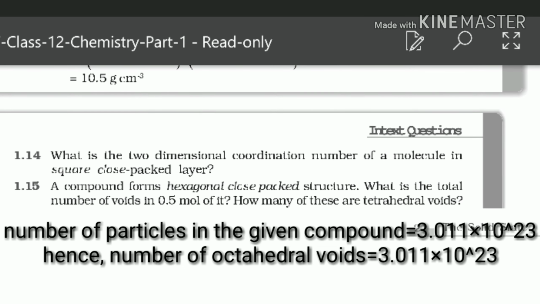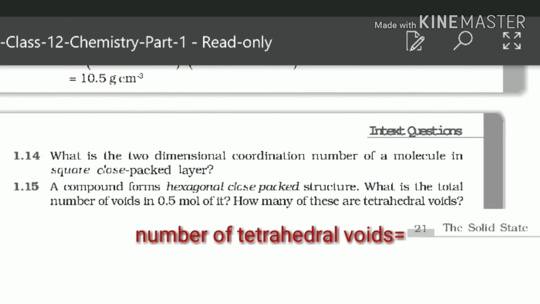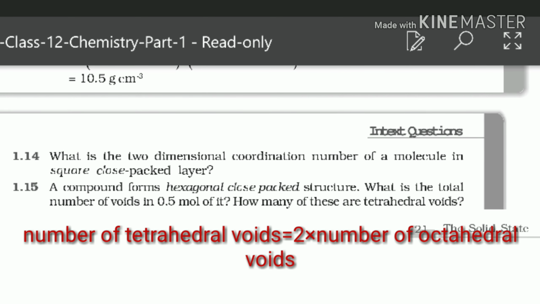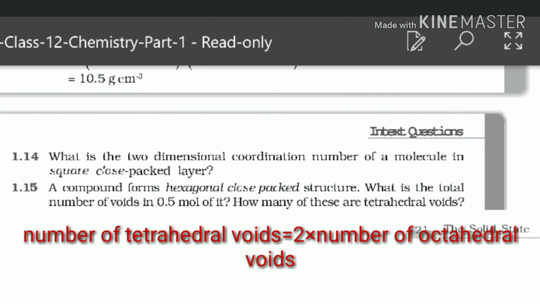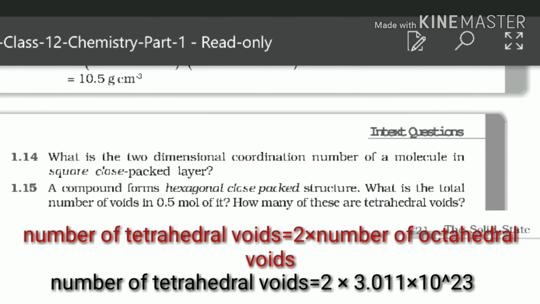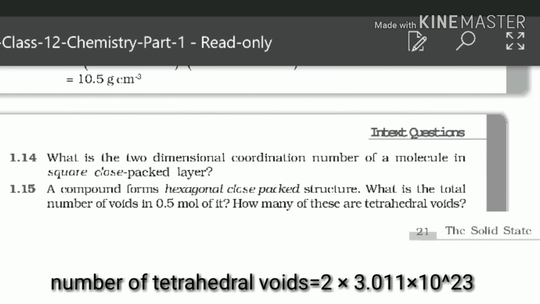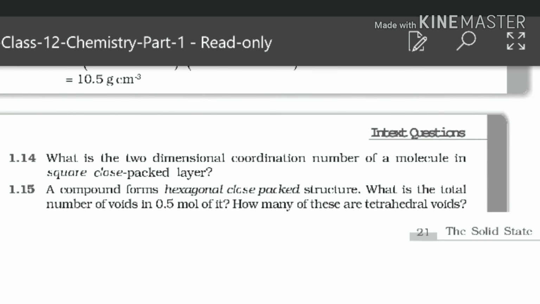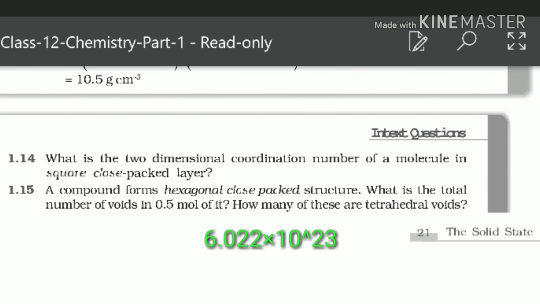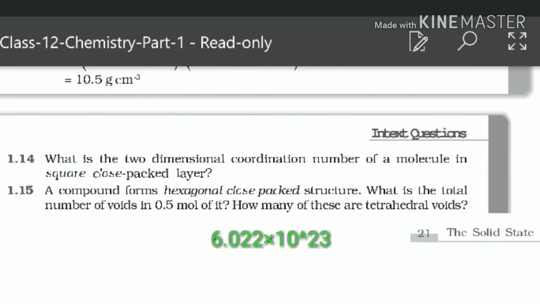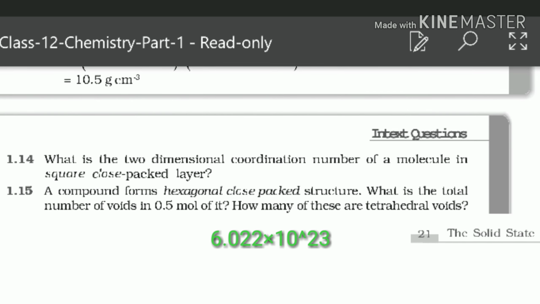Also, we know that the number of tetrahedral voids is twice the number of constituent particles, or twice the number of octahedral voids. So, the number will be 3.011 into 10 raised to the power 23 multiplied by 2. That is 6.022 into 10 raised to the power 23.